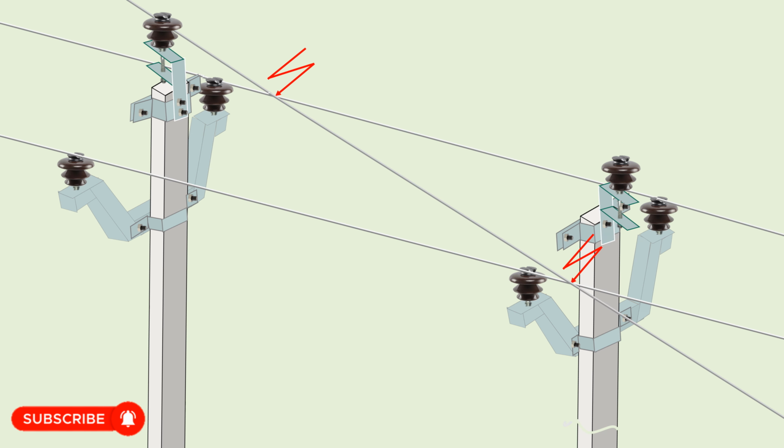Most of the faults on the power system lead to a short circuit condition. When such a condition occurs, a heavy current called short circuit current flows through the equipment.